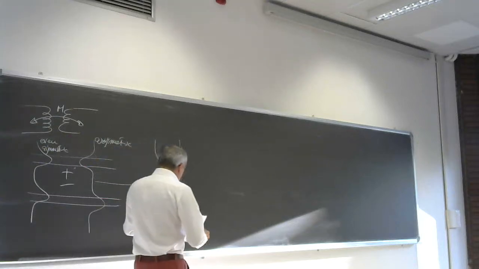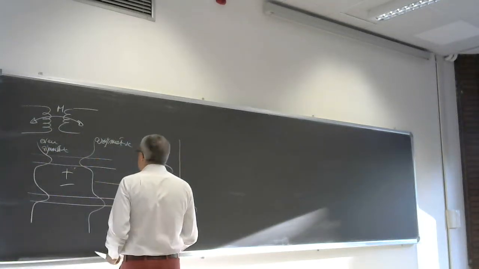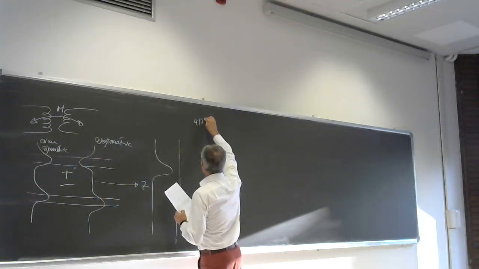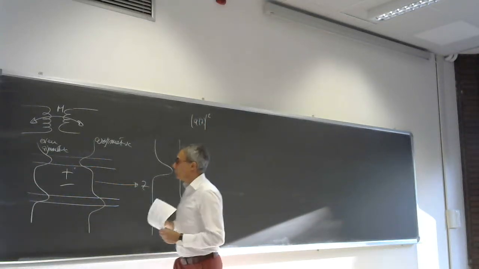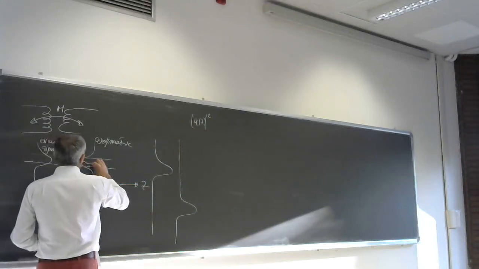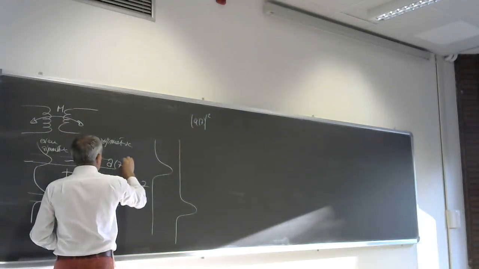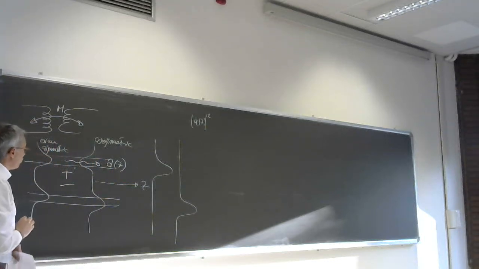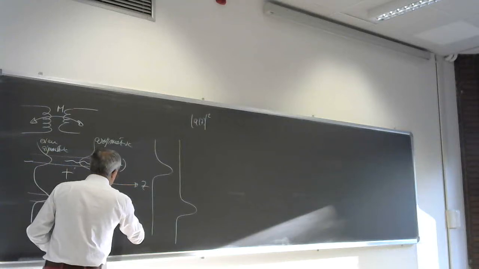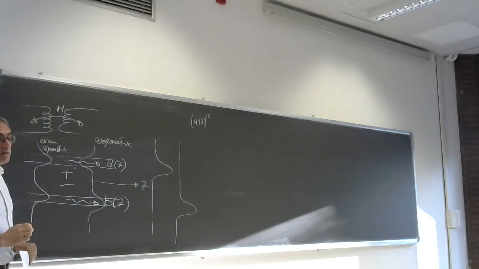We did some calculation, and at the end, I wrote again, you don't need it, the power. We call A the amplitude of the field in this waveguide, and B the amplitude of the wave in this waveguide.